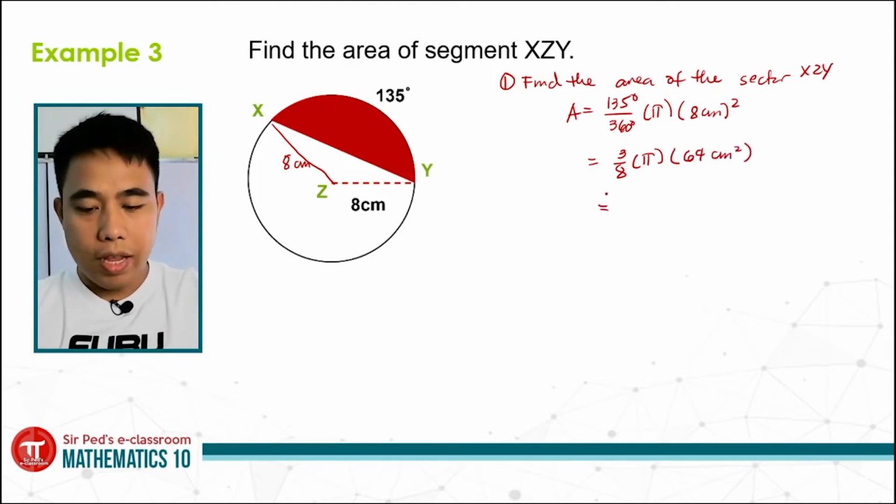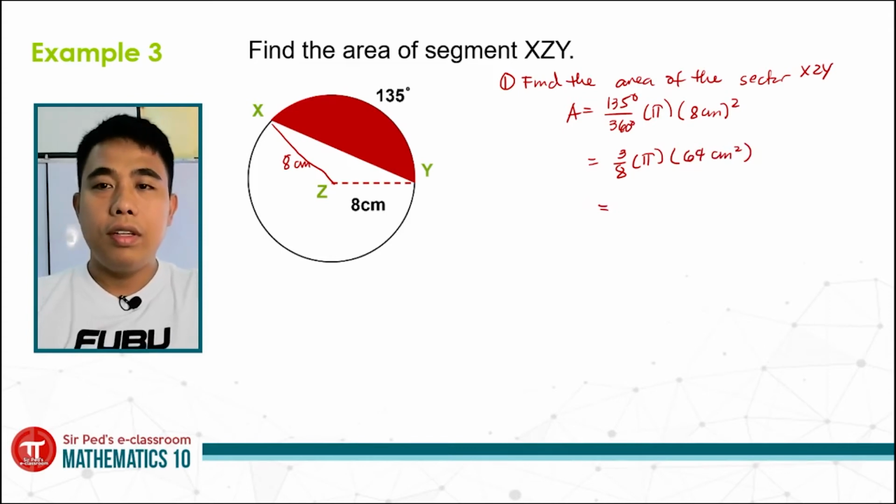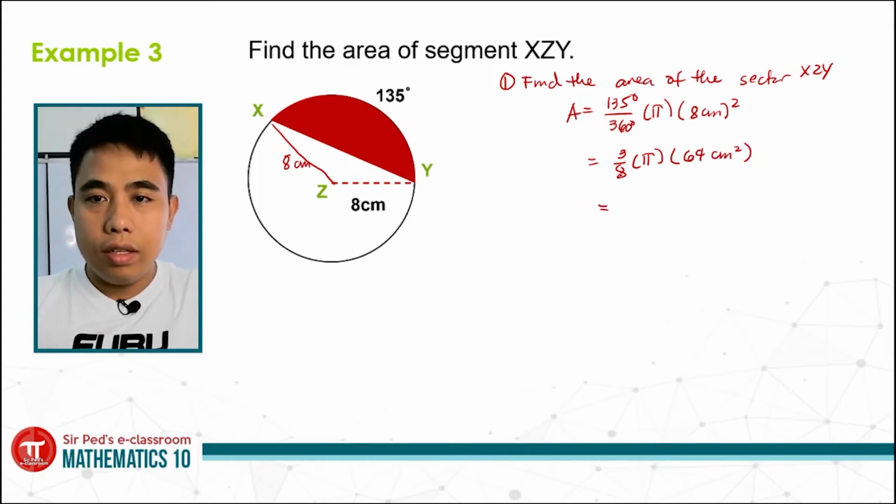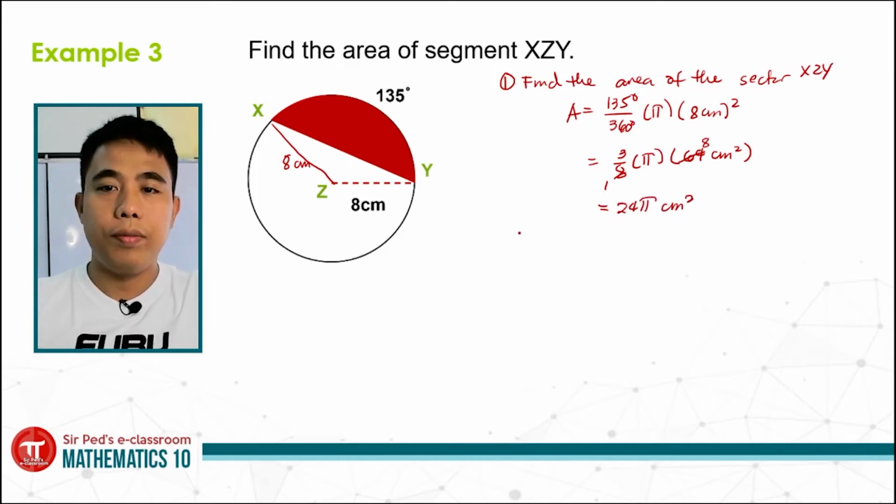So simplifying, we can divide this. 64 divided by 8 is 8. 8 divided by 8, 1. So 3 times pi times 8, that is 24 pi square centimeters.